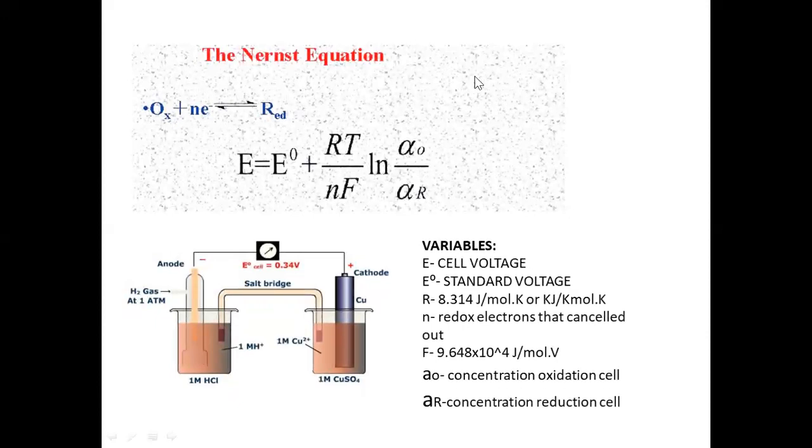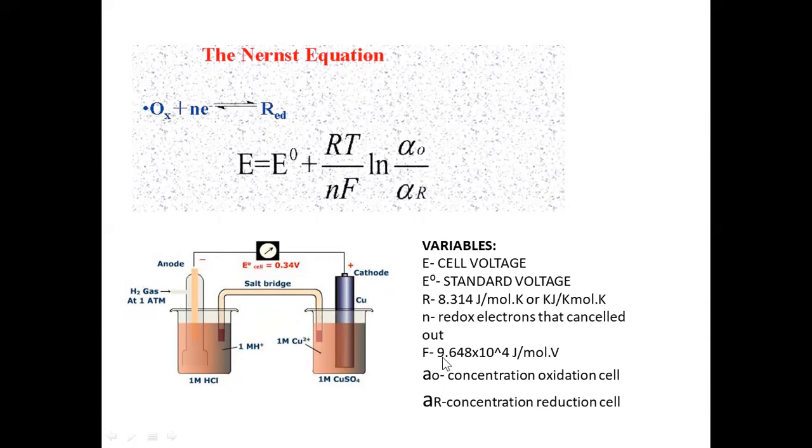Again, these are the variables represented by this equation. E is the cell voltage, E naught is the standard voltage, R is the gas constant. For SI units, we're going to use 8.314 joule per mole Kelvin, which is also equal to kilojoule per kilomole Kelvin. n is the redox electrons that canceled out or transferred within this battery.